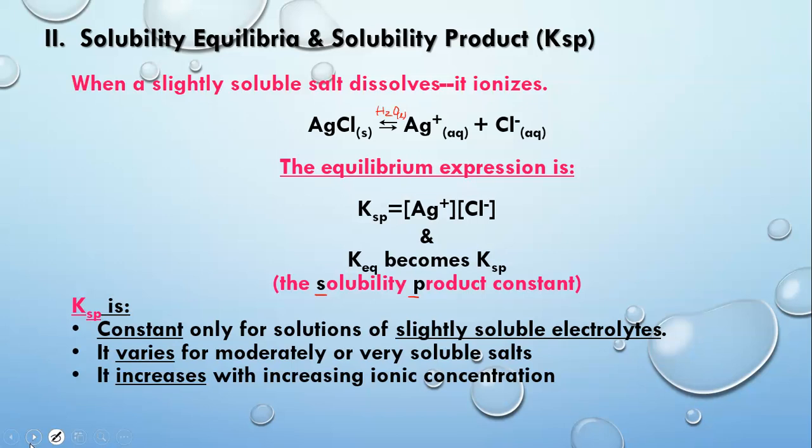KSP increases with increasing ionic concentration. Now remember, the concentration that we use with equilibrium, the square brackets, always means molarity. So keep in mind that molarity, capital M, is the number of moles of your solute divided by the number of liters of the entire solution.